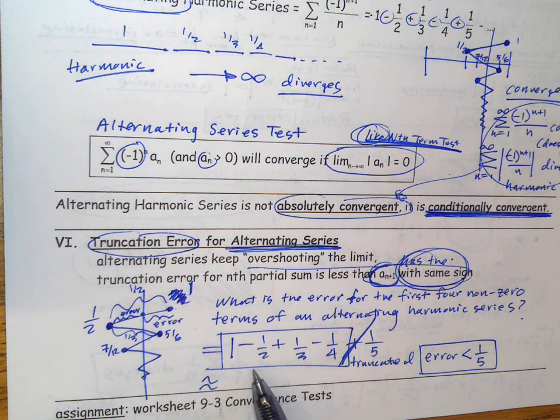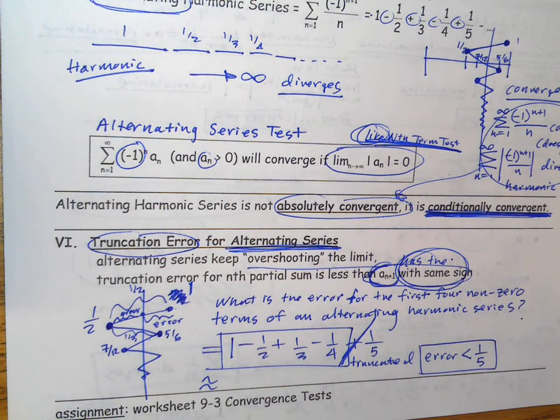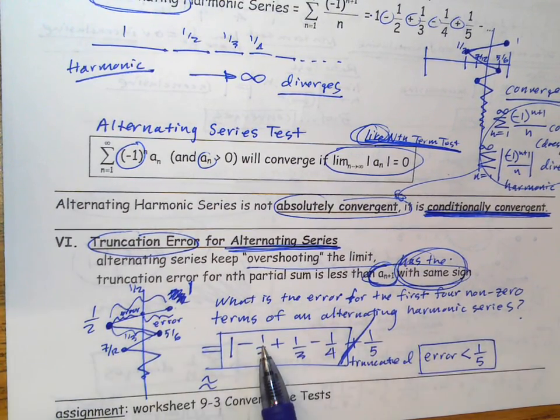I'm not sure if I get that, and that's sort of like how it's supposed to be. It has the same sign as the first unused term. So in this case, it's a positive error of less than 1/5, even though the next term is negative.